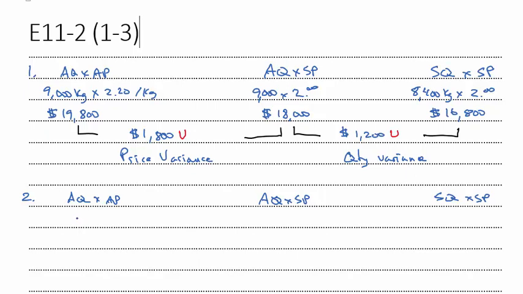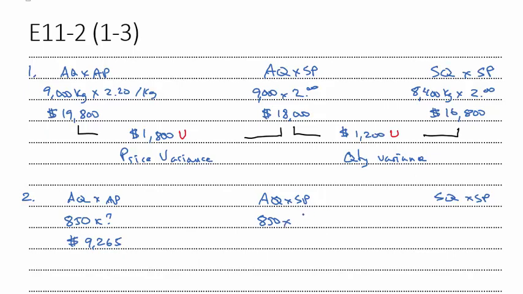A total of 850 hours of direct labor time was recorded at a total labor cost of $9,265. We don't actually know the cost per hour, although we could work it out, but the actual quantity was 850 hours, giving us a total of 9,265.